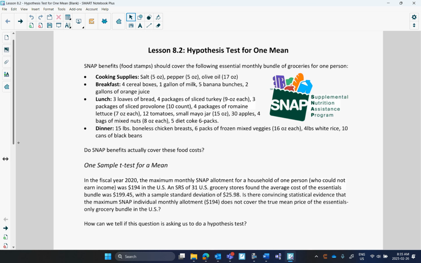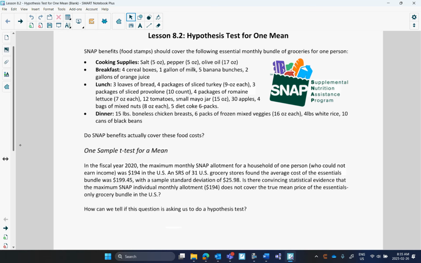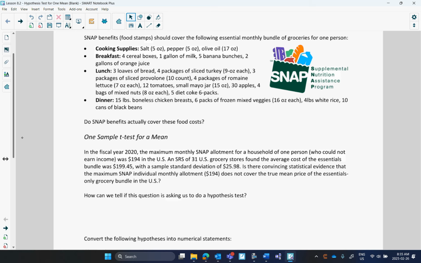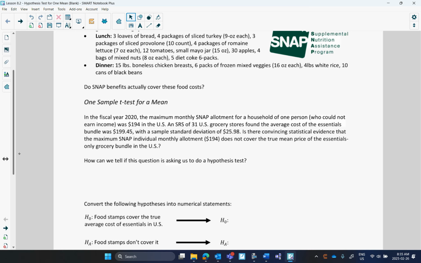And you can see this is everything that is contained in a SNAP benefit. So in 2020, the maximum monthly SNAP allotment for a household of one person who could not earn income was $194.